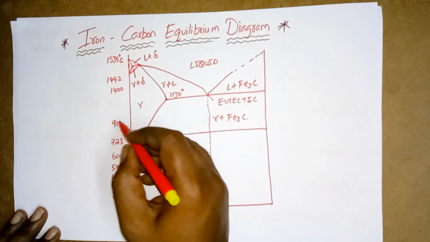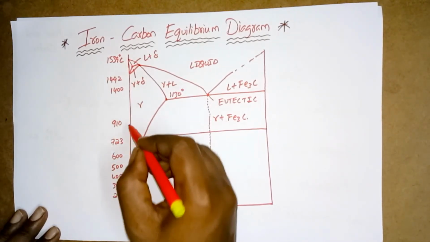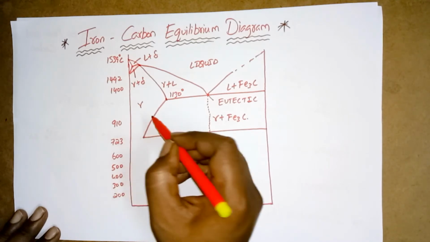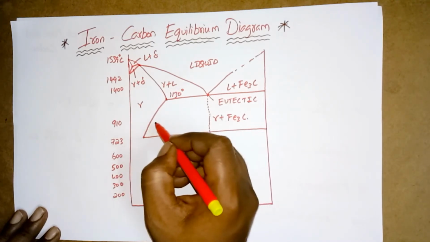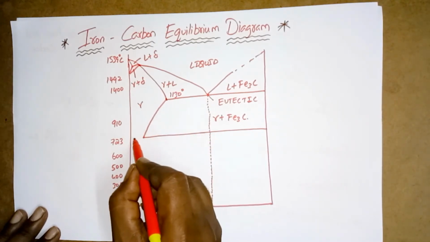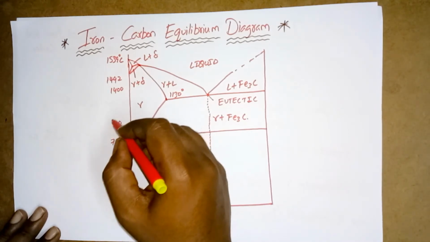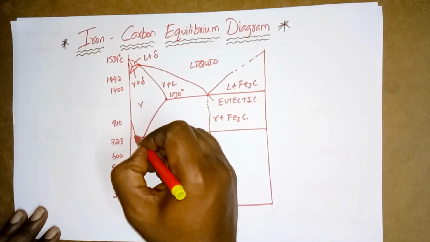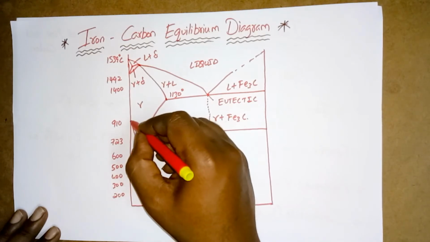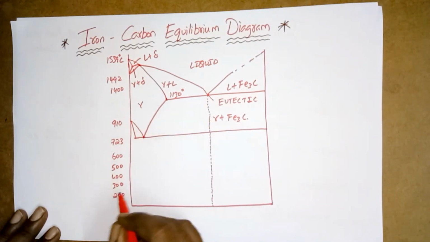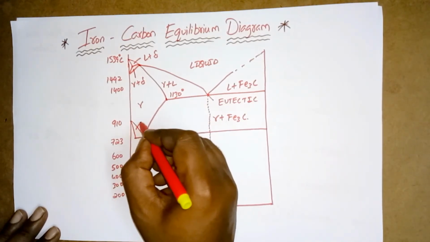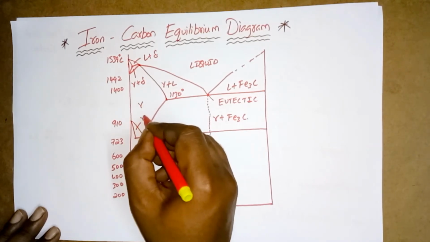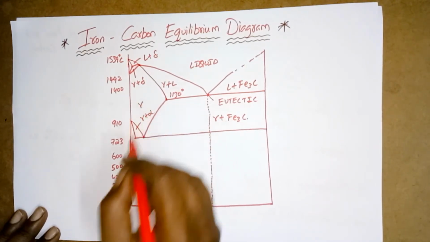Here we can show how the curves are taking place from 910 degrees centigrade. Here we are showing gamma plus alpha.